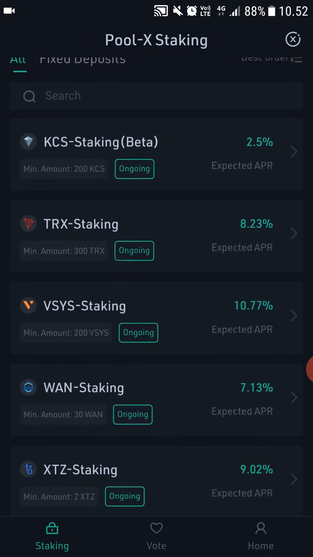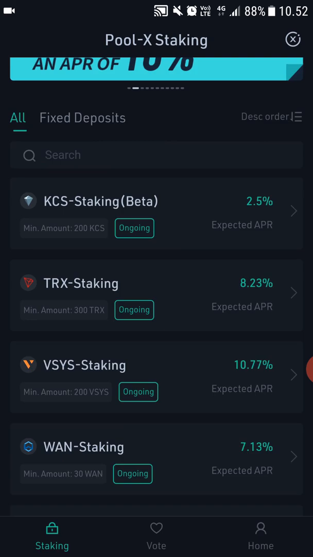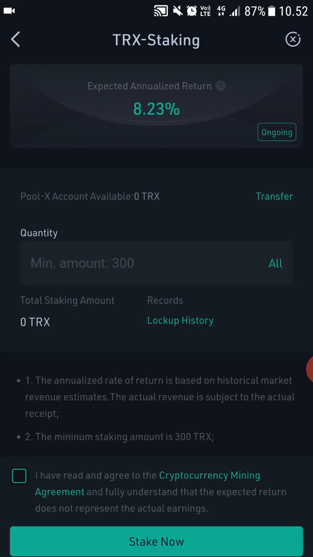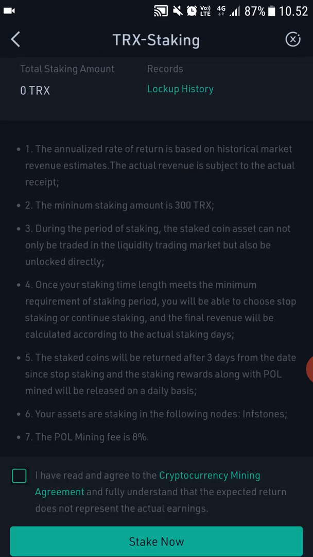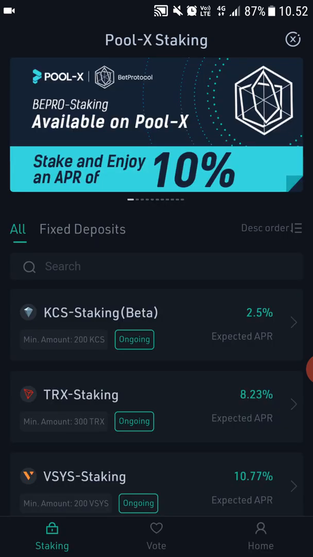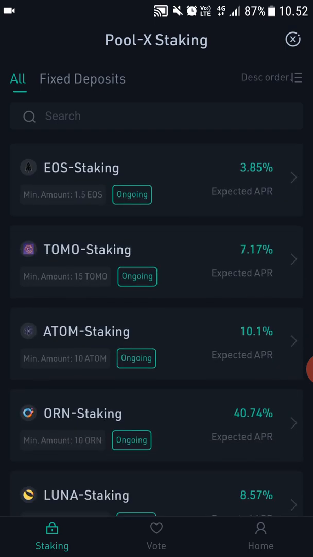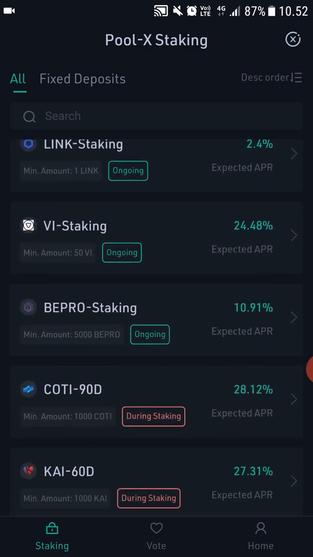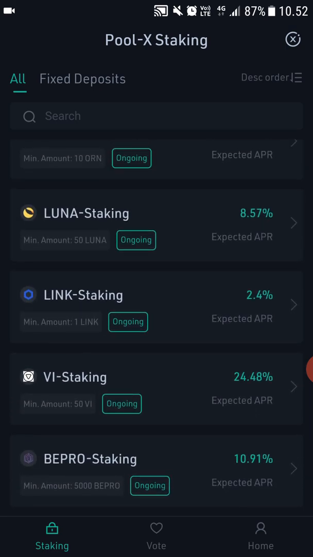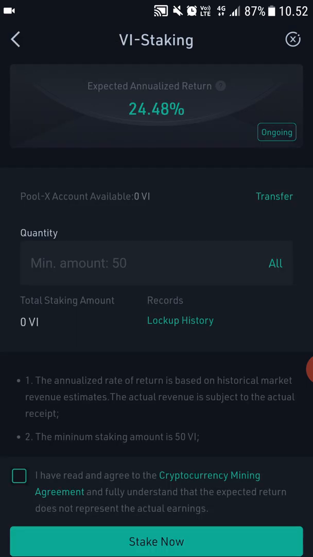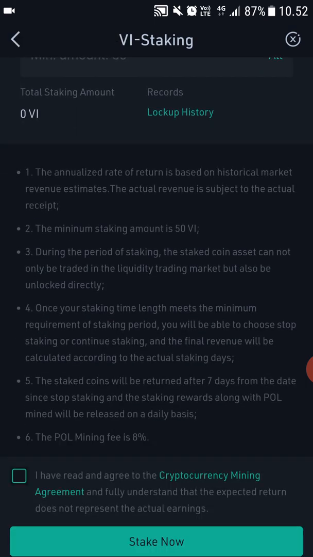All of these coins have different rules, so always read them. For example, Tron, TRX, is only 3 days, so they are locked up for 3 days. Always read the rules, but you can stake whatever cryptocurrency you want. For example, for VI the lockup is 7 days.